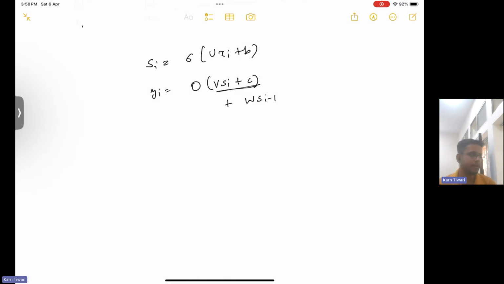So I hope you got a glimpse of what exactly we want to do. Compactly, you want to represent this kind of architecture. You can think of it as we are having a hidden representation, output representation yi.